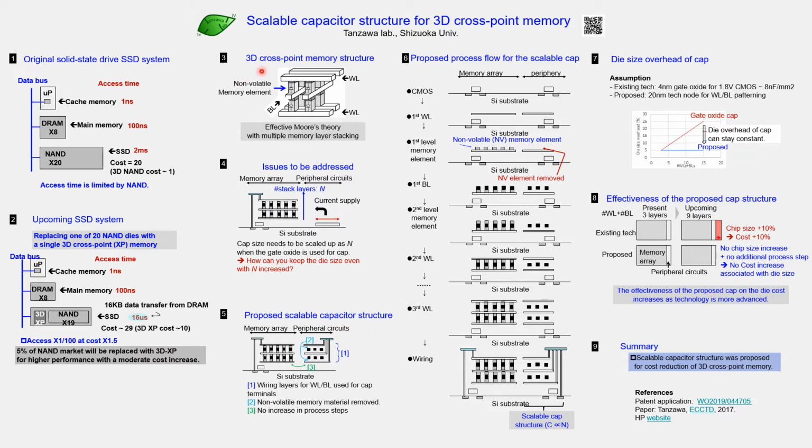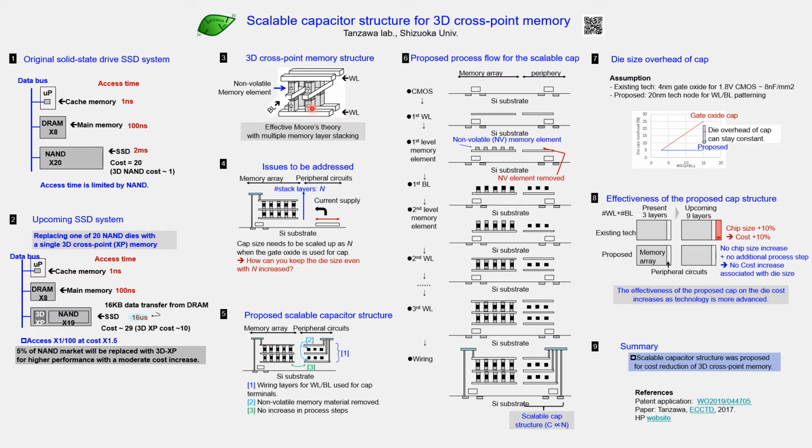So let's look at the structure of 3D cross-point memory. 3D cross-point memory has multiple word lines and multiple bit lines. Word lines and bit lines are placed perpendicular to each other.